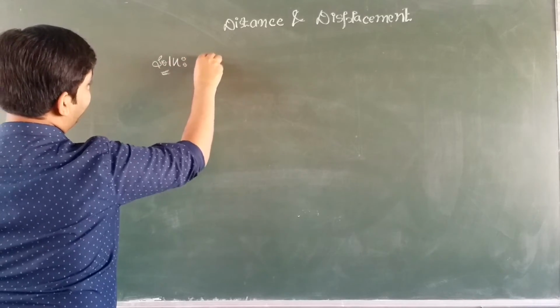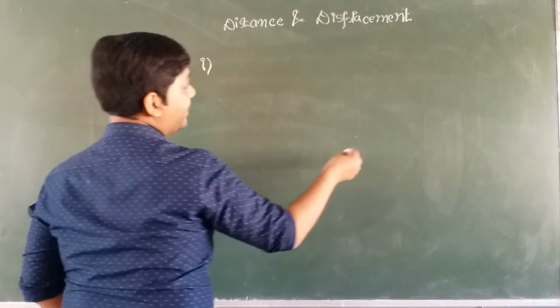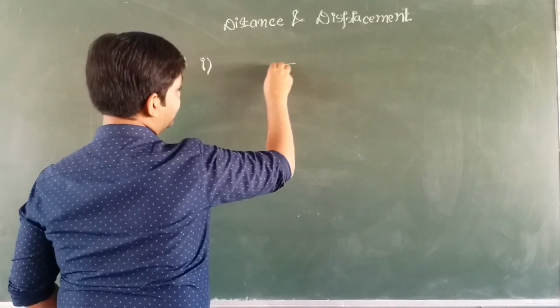First part, when it covers half of the circle. Let's say this is a circle of radius r.